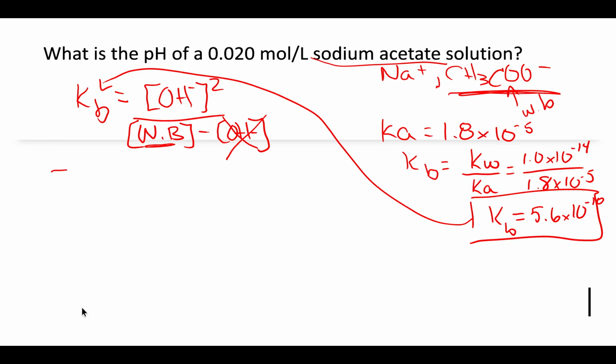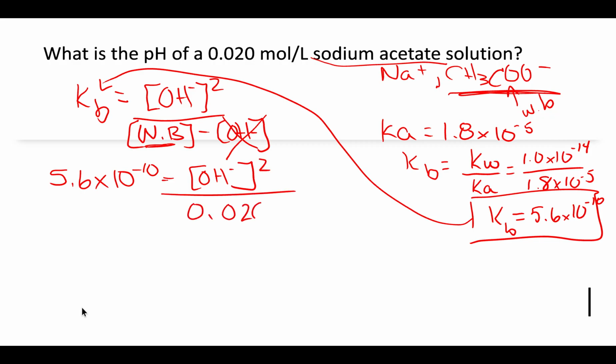So we have 5.6 times 10 to the negative 10 equals the concentration of hydroxide squared divided by the concentration of the weak base. Again, I'm ignoring the value in the denominator because it is very, very small. If we want to find hydroxide, you can ignore it in the denominator; if you have it, we use it.